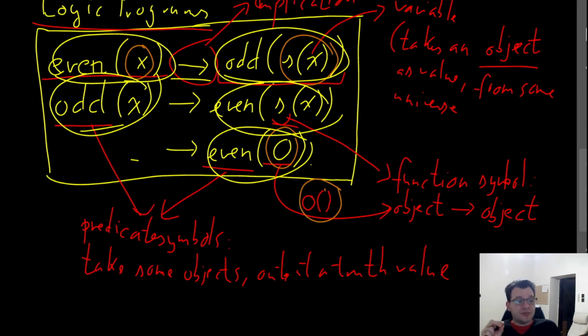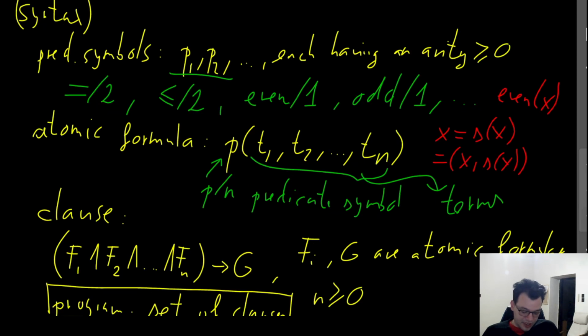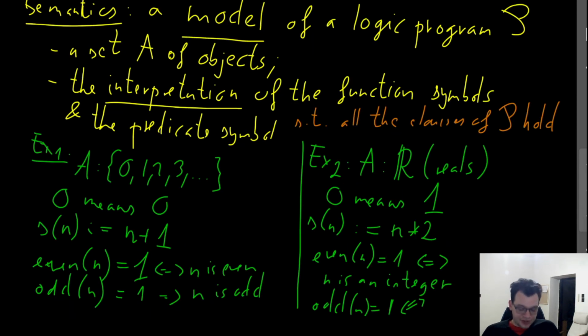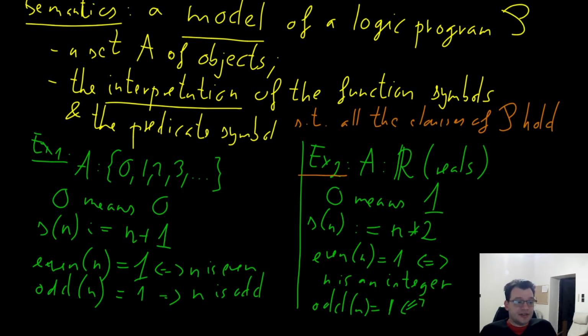And now let's check the second. Recall that in this second example, we had the real numbers. The 0 sign denotes 1, which sounds crazy, but why not? And s is just multiplication by 2.